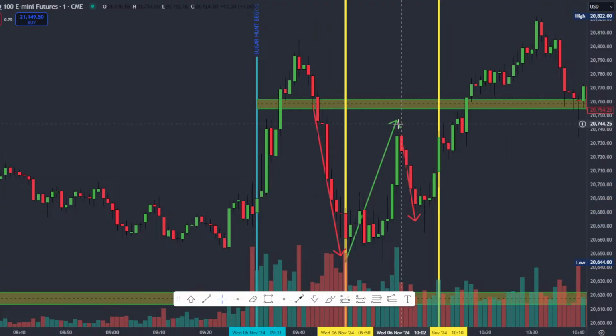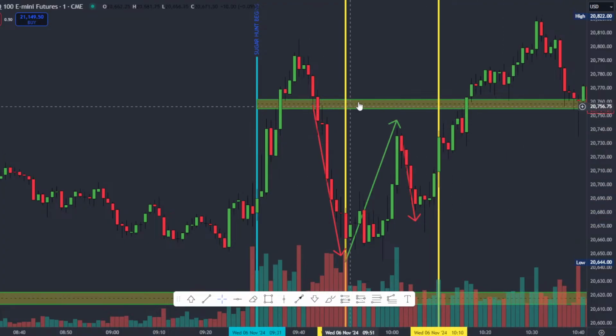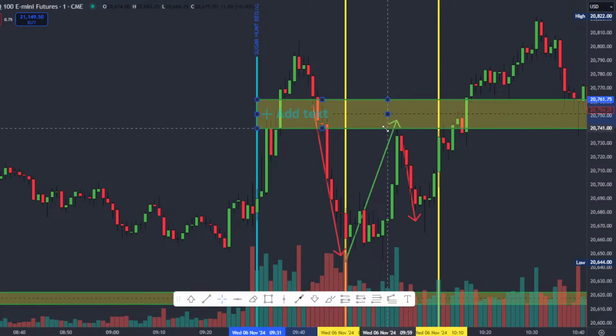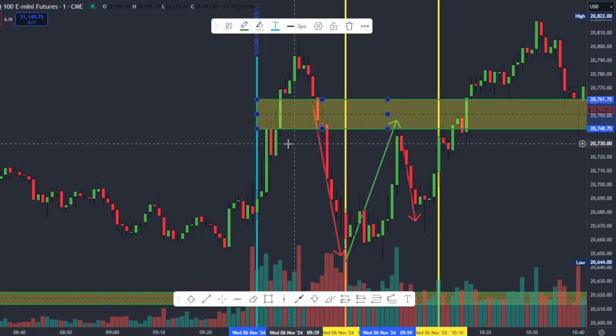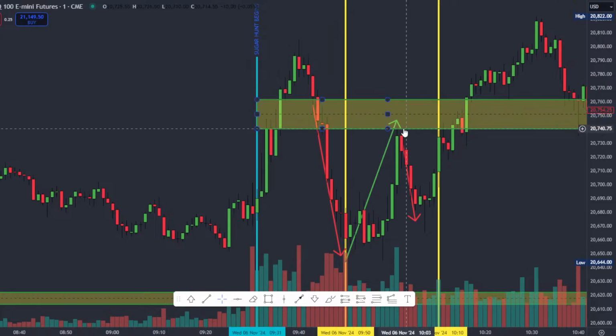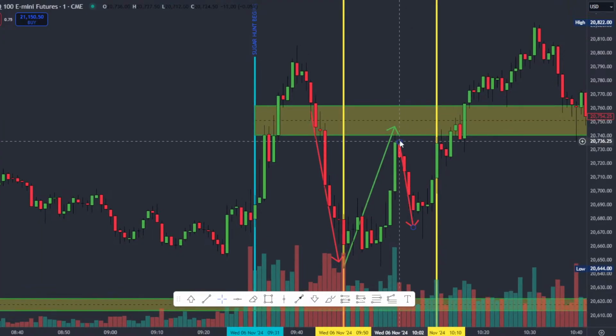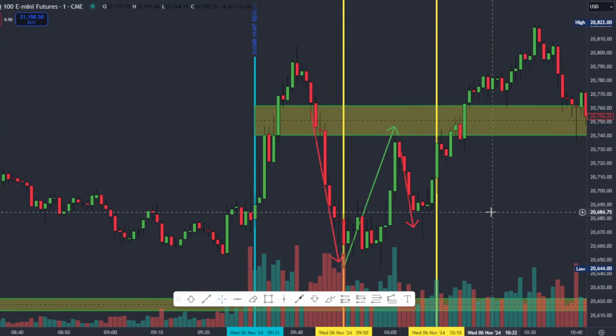Now, when we look here, you see nothing. But watch if I pull this down to where the body is. Look how we get that little retest right there. Not a lot, right?